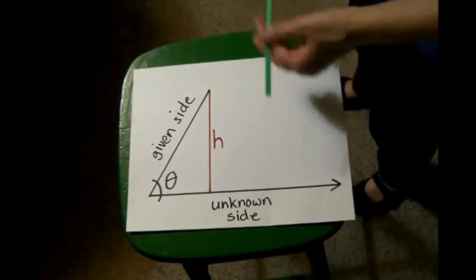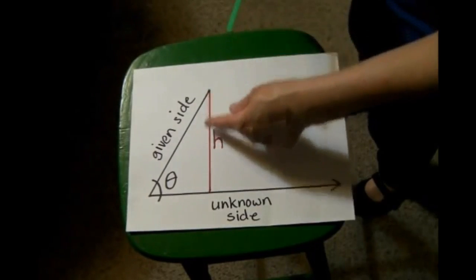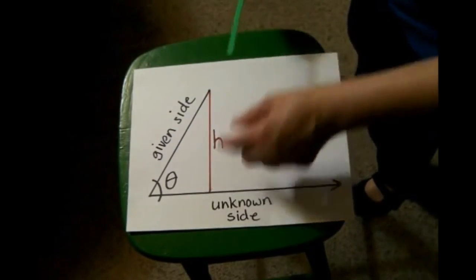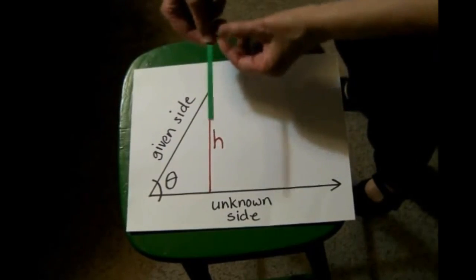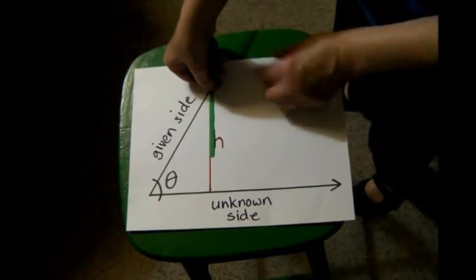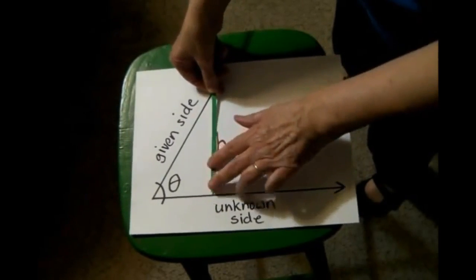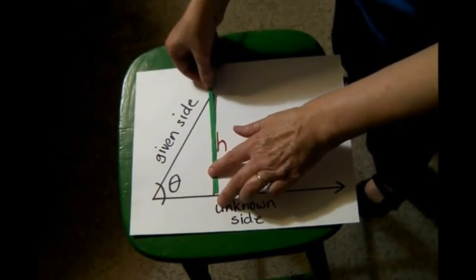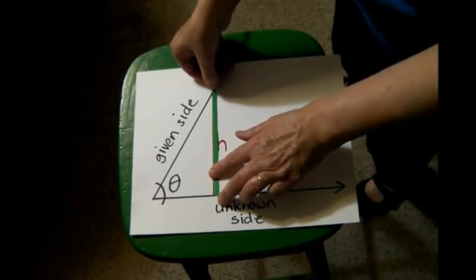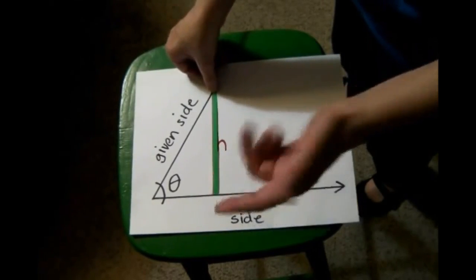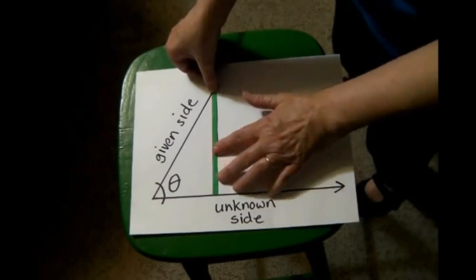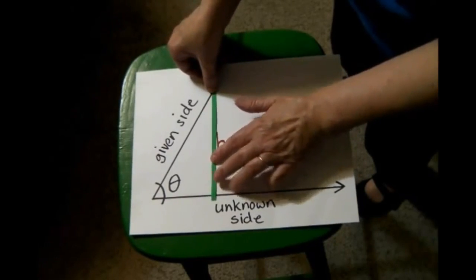To see how that opposite side fits, we compare it to the height of the triangle. If it's too short, we can't draw a triangle, even if it's just a little too short. But if it's exactly the same size as the height, we get one right triangle. What if it's a little longer than the height?